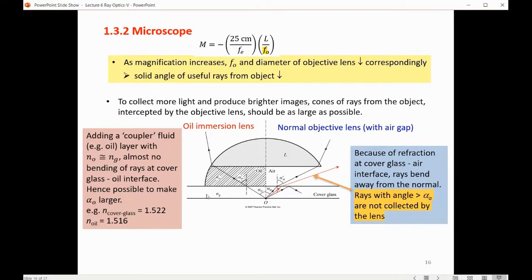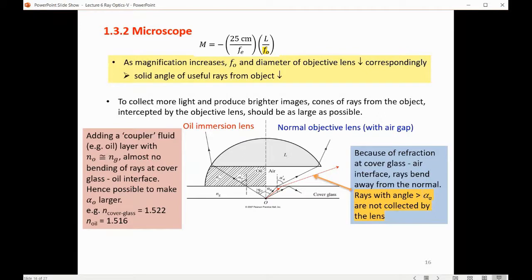In order to collect light from a larger cone, oil is injected to fill up this air space here. The refractive index of this oil layer should match that of the glass cover slip over the specimen, such that the ray that passes through this interface would not bend much.